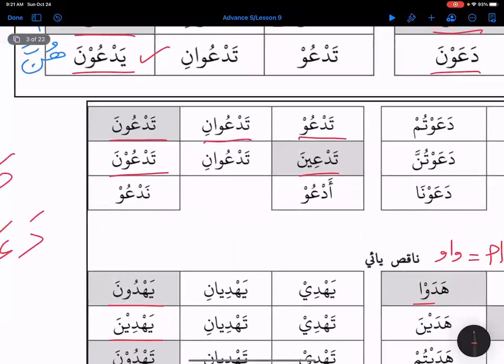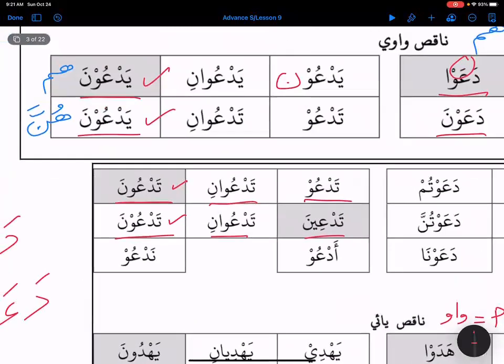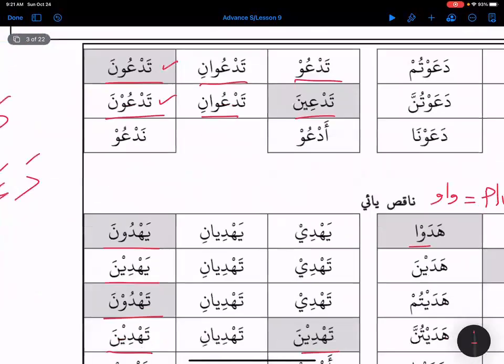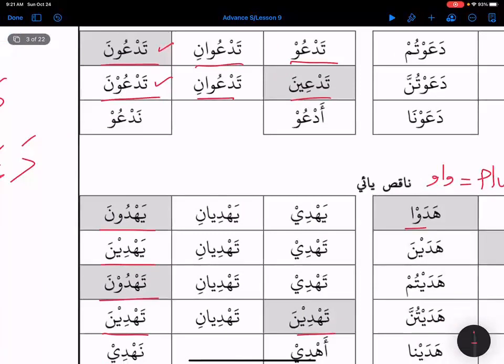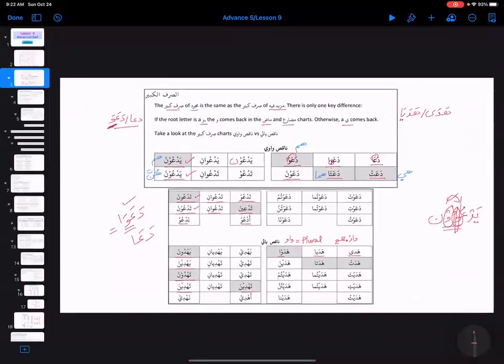So tad'ina, tad'uwani, and then tad'una. Again, antum and antunna, they are overlapping, same like we have over here, hum and hunna. Then ad'u and nad'u. So that was naqis wawi.